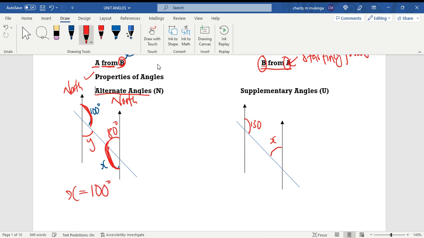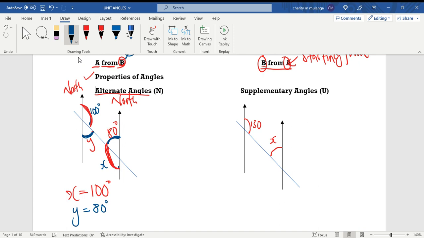It is 100 degrees. Likewise, our angle there is 80 degrees. So even this angle here is also 80 degrees. So y is 80 degrees.